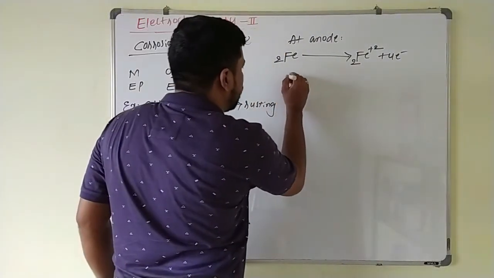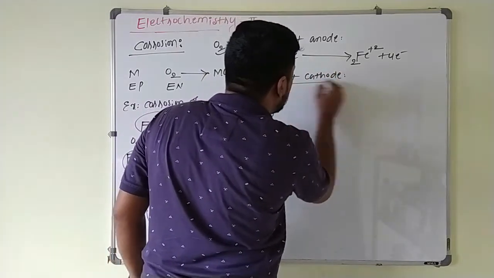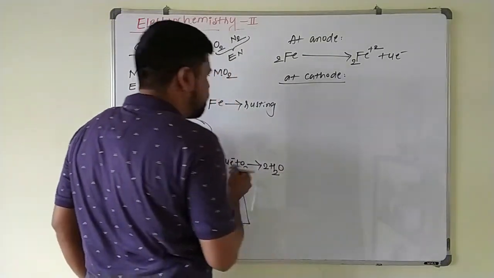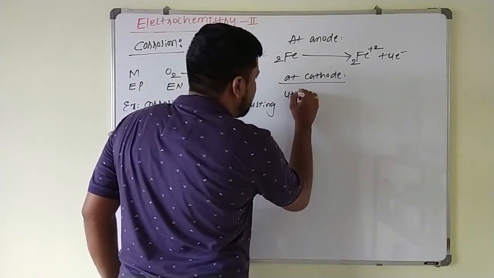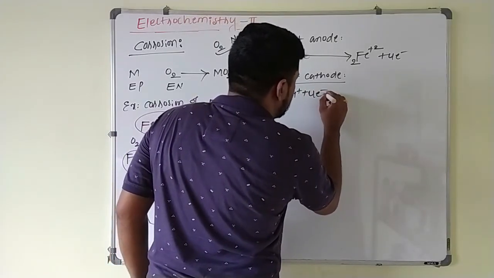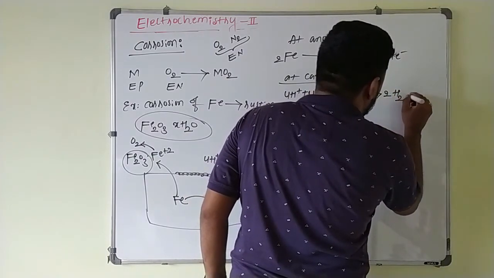Now at cathode, where oxygen undergoes reduction in presence of H+ ion, 4H+ plus 4 electrons plus O2 gives 2H2O.